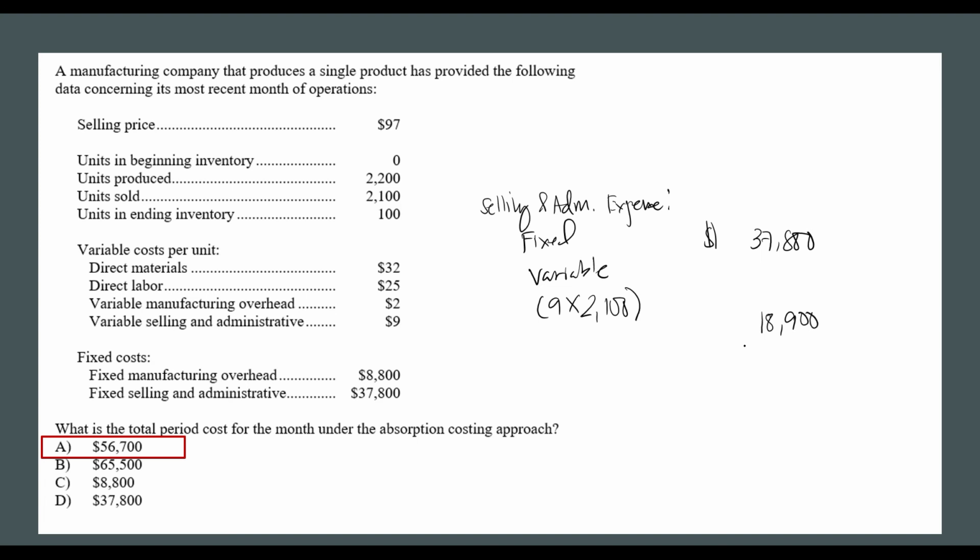And when we add the two, it shall give us a total period cost of 56,700 under absorption costing. So the answer is letter A. Okay?